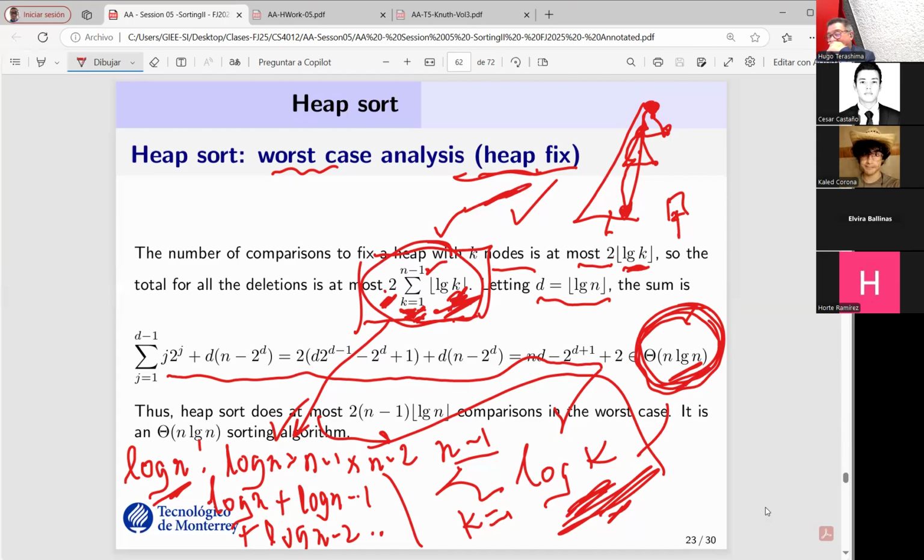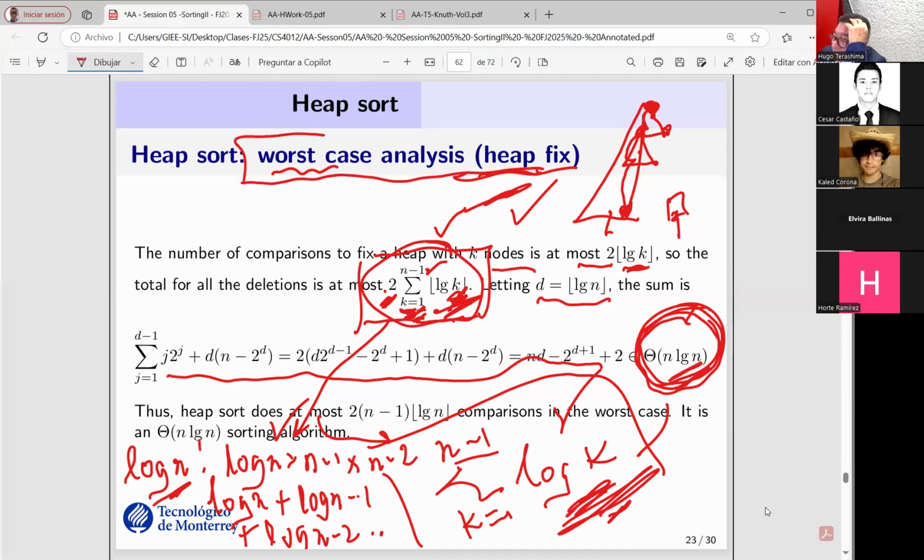I think it's somewhere in the notes or the book, but it's very complex because you don't know exactly the probabilities of the inputs, since there's a relationship between the numbers and the way they are going to be in the heap. So it's not too easy. That's the reason we check only the worst case in this module.